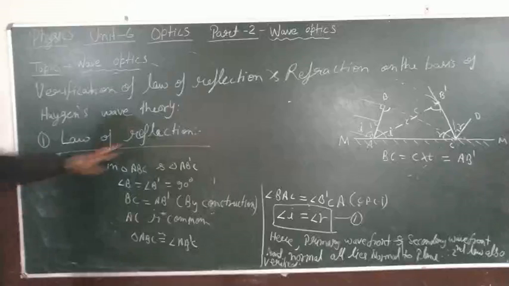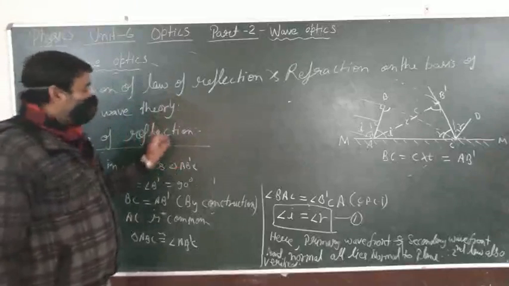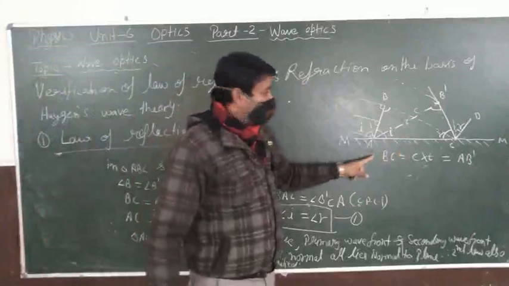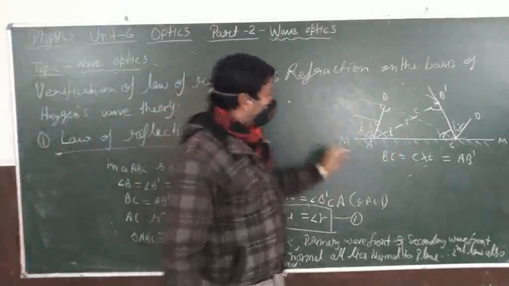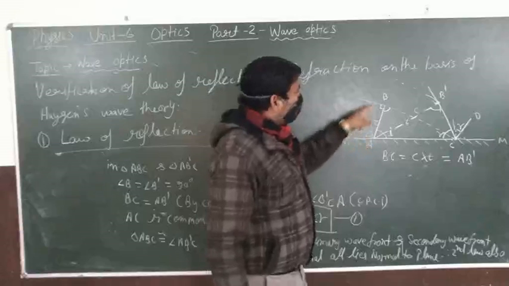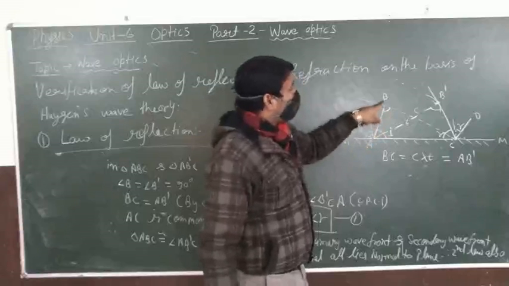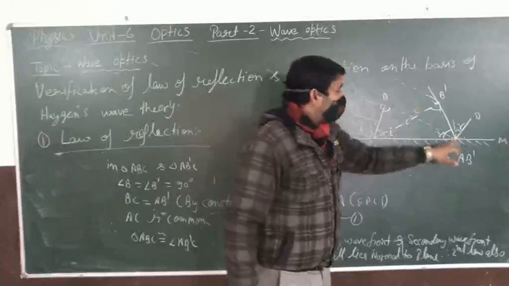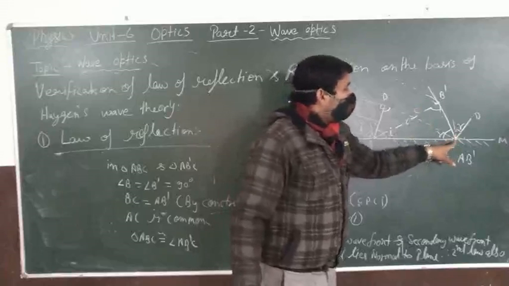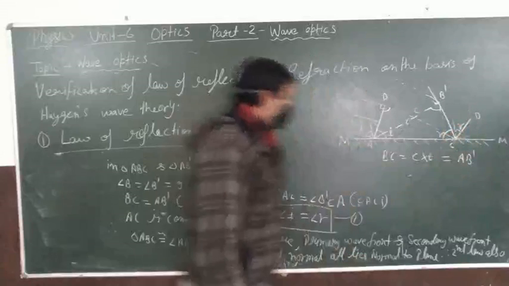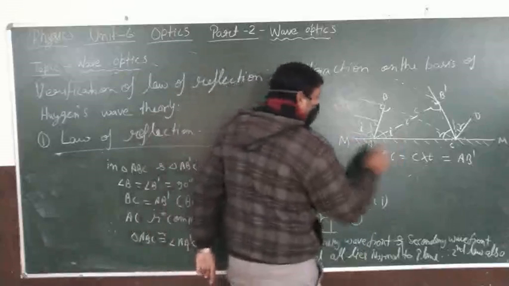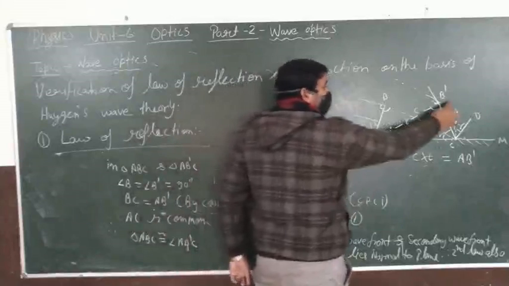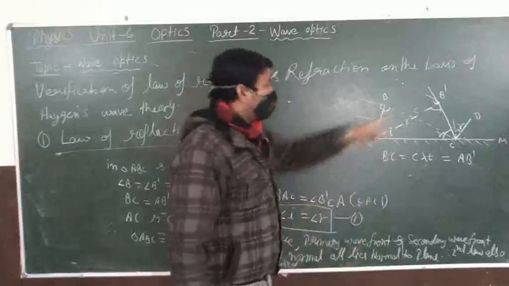You have to write this: the primary wavefront falls on a plane mirror. Let the ray traveling from B to C travel a distance c into t, and then after falling at C it reflects in the direction of D, and in the same time the ray reflected from A reaches B' in the same medium.